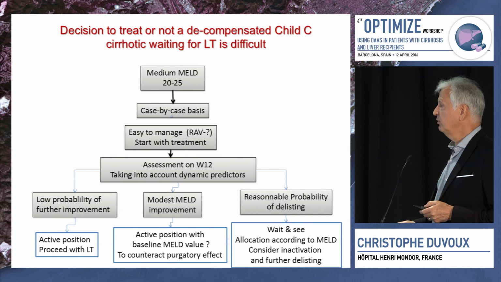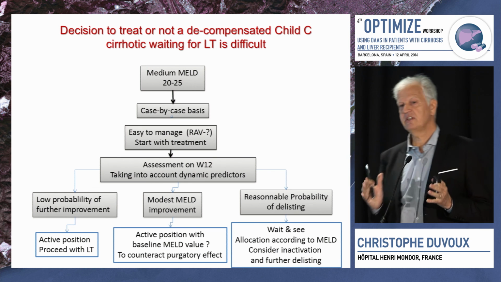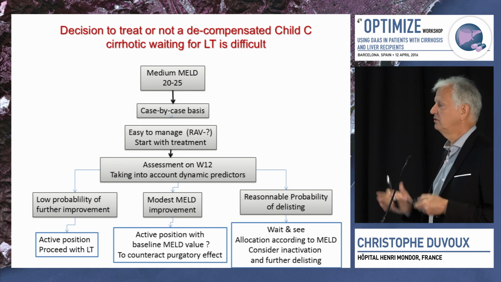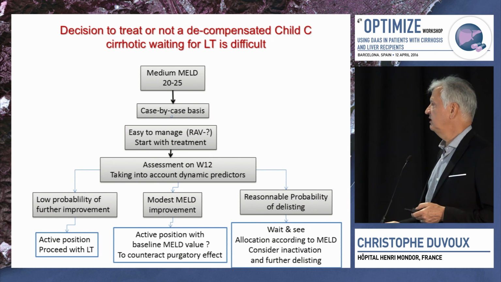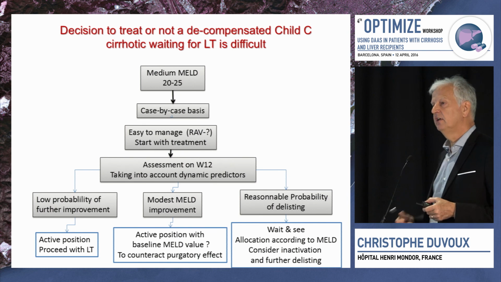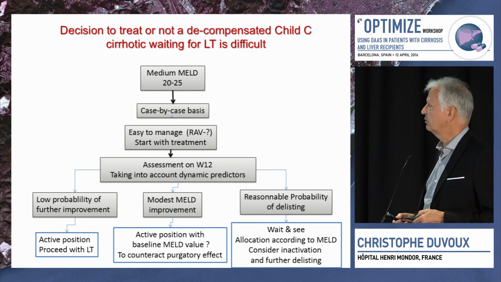This means that if we want to counteract the purgatory effect, we should ask and negotiate with our authorities to keep the baseline MELD score value. For instance, this is a proposal. And for those who have a reasonable probability of delisting, wait and see, allocation according to MELD, and we will consider inactivation and further delisting depending on the subsequent evolution of the lab tests and the MELD score.